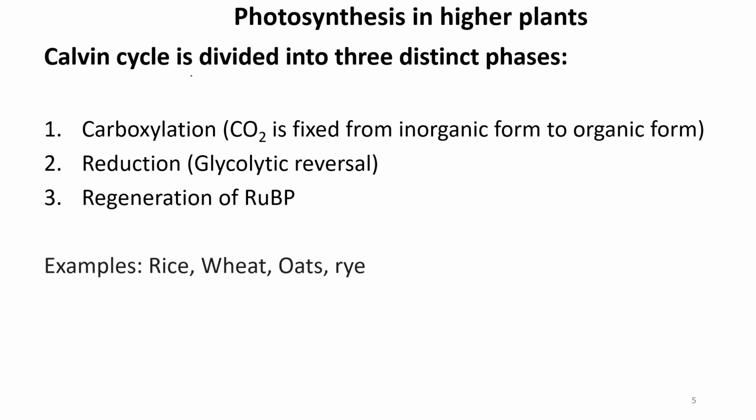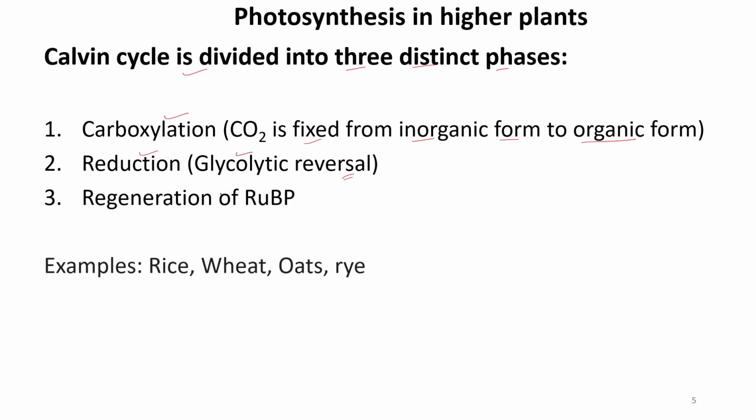Now let's talk about the Calvin cycle in detail. The Calvin cycle occurs in 3 phases. First is the carboxylation phase, in which carbon dioxide is fixed from the inorganic form to organic form. Second is the reduction phase, also known as the glycolytic reversal, meaning it is the reverse of the glycolysis pathway seen in respiration.